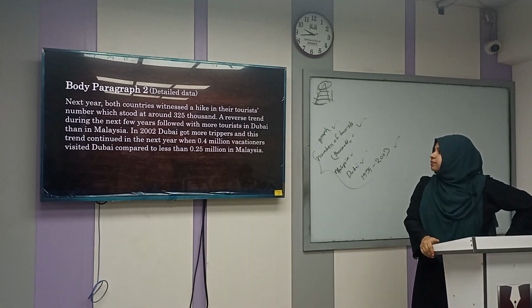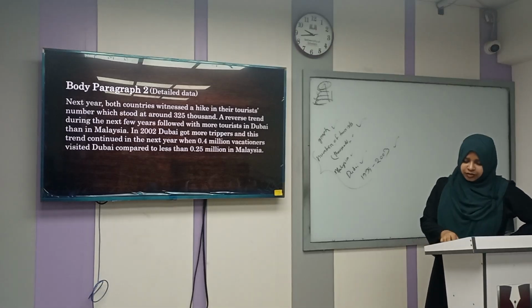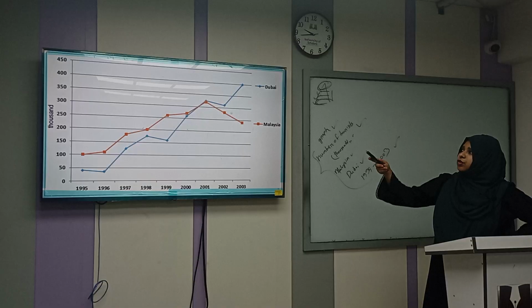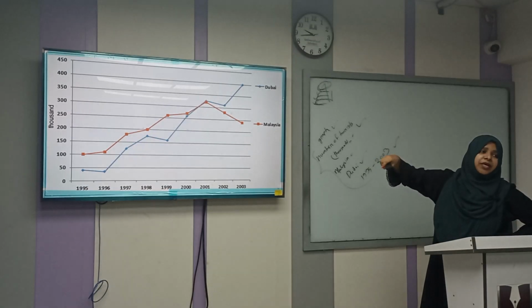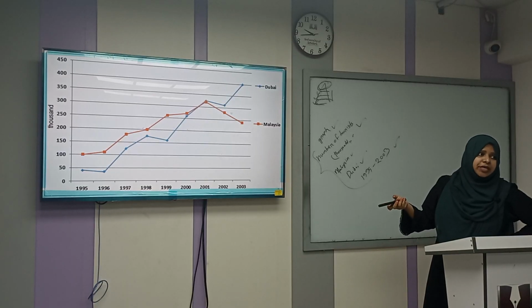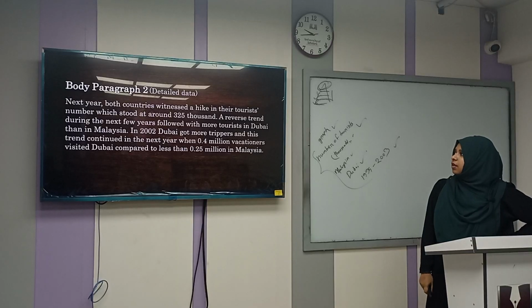Sure. Next year, both countries witnessed a hike in their tourist number, which stood at around 325,000. So in the next year, both countries' tourists actually increased, and it was peaking towards 350, but it was around 320 actually. Okay. Then a reverse trend during the next few years followed, with more tourists in Dubai than Malaysia.